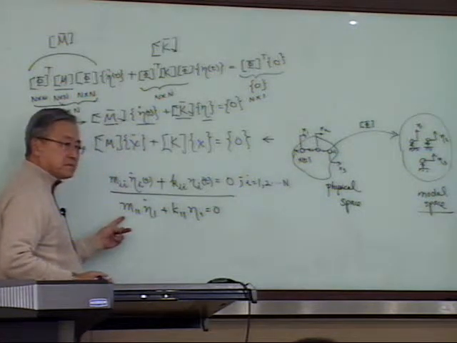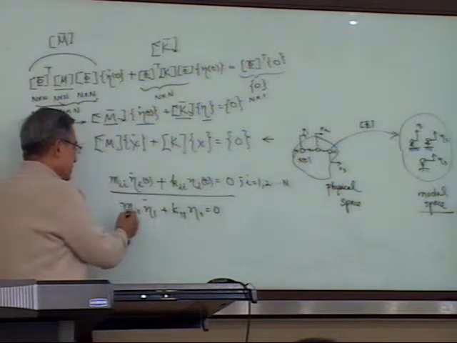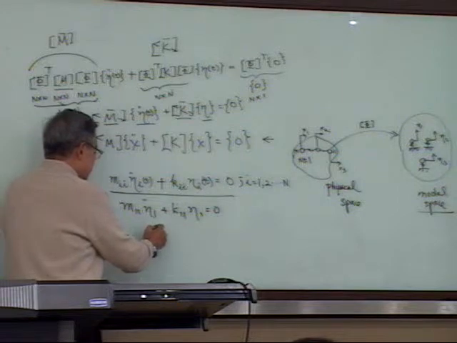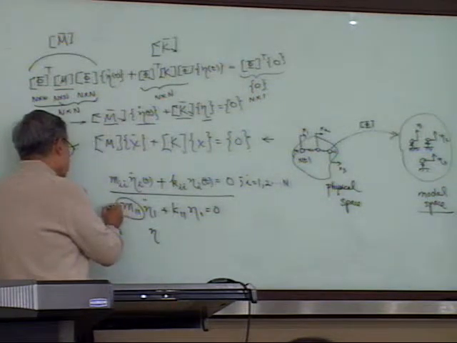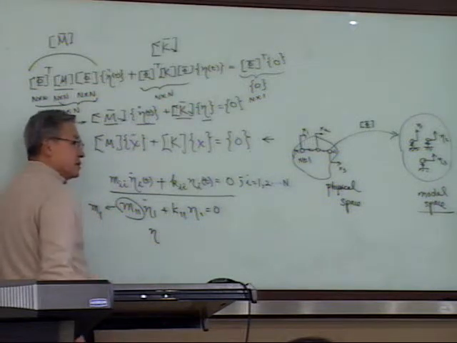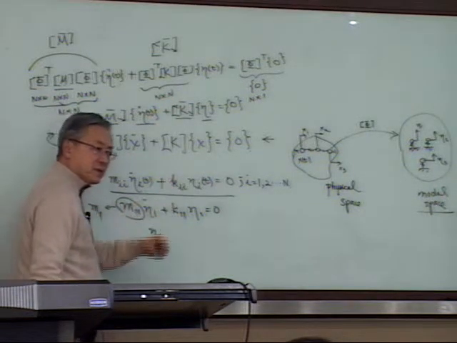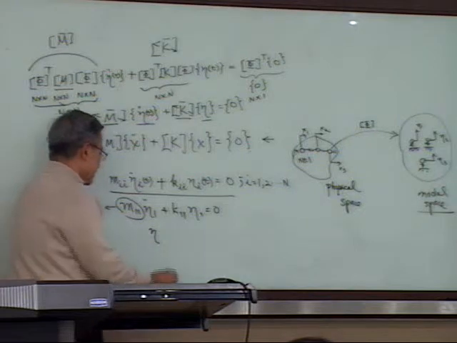One step further, if you divide by M11, M11 in our model is equal to M1 in our 3 degree of freedom model.